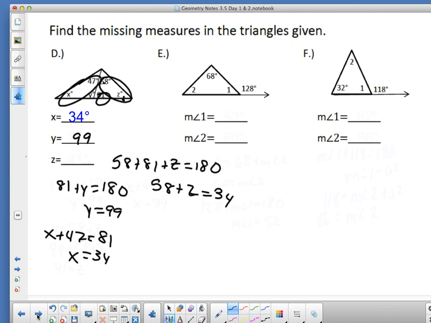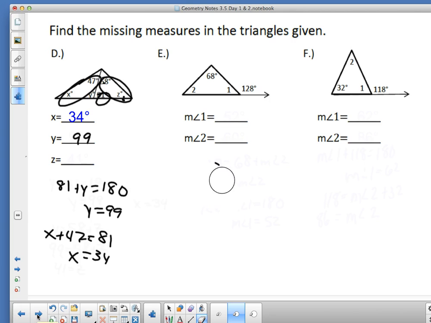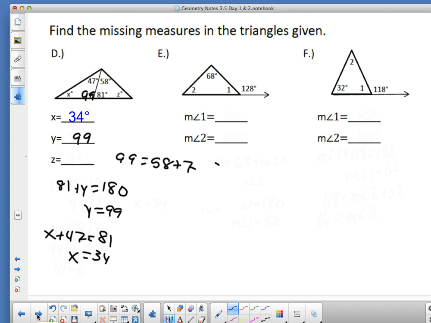Sorry, I want 99 there. So remember, y was 99. I got 99 is equal to 58 plus z, and that's where my 34 came from. 99 is my exterior 58 and z, so I'm happy with that. And I'm going to be coming up with 41 coming out at the end as my z value.